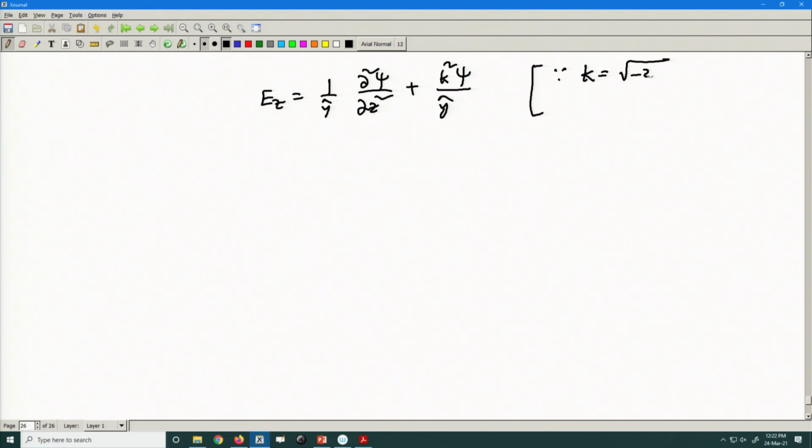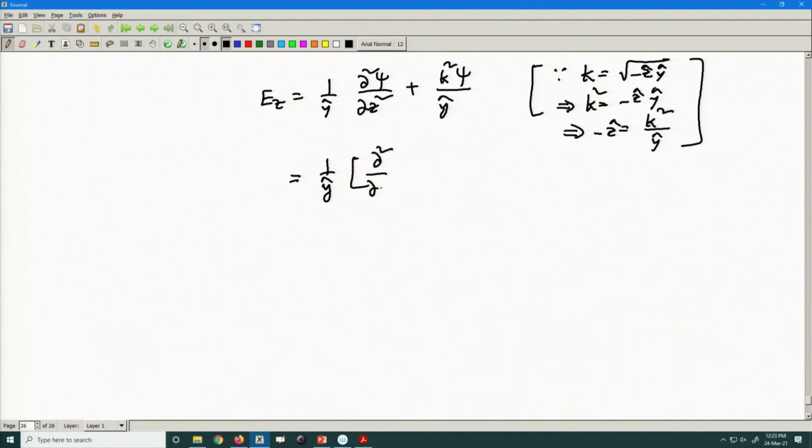Since k is equal to minus z cap y cap, which means k square is minus z cap y cap, and which means minus z cap equal to k square by y. So, E z becomes equal to 1 by y cap, del square del z square plus k square psi.